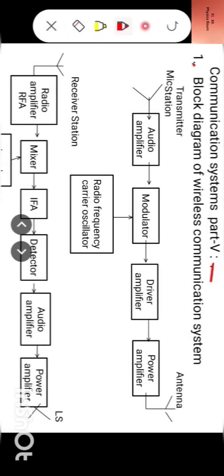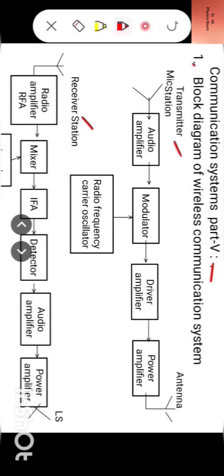This diagram is divided into two parts. One is transmitter station, the other one is receiver station. Now look at the transmitter station.